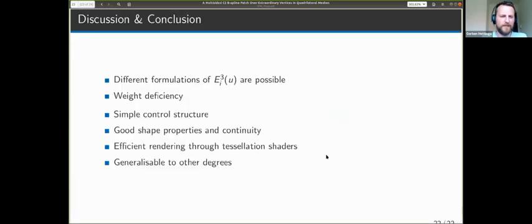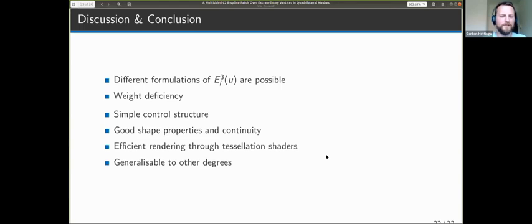Let's conclude. One interesting thing to note is that there are different formulations of the extended basis functions, particularly the last one. There are many different ways you can set them, but they only need to vanish at the end of the interval, and be continuous with the uniform B-splines at the start of the interval.